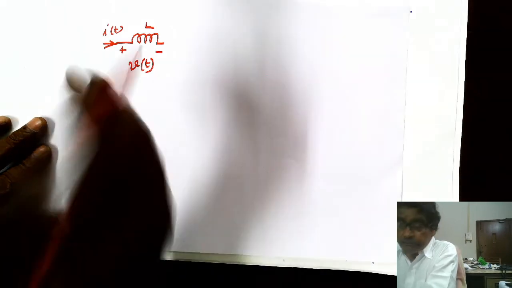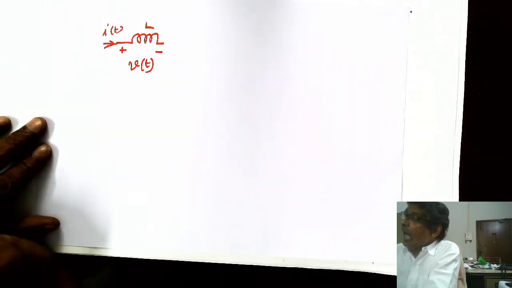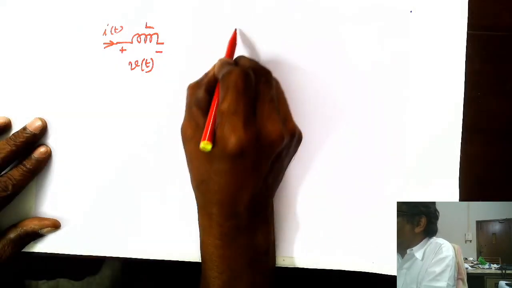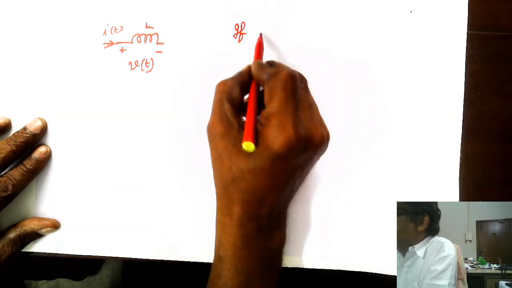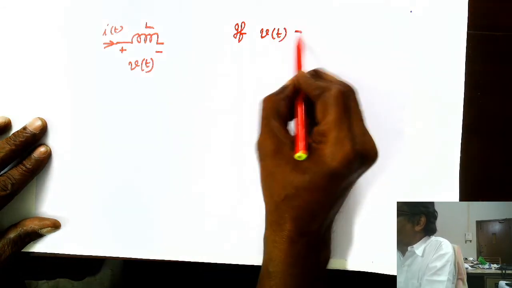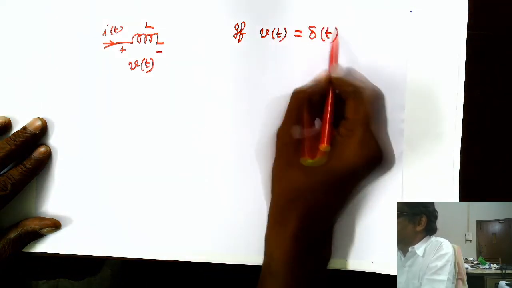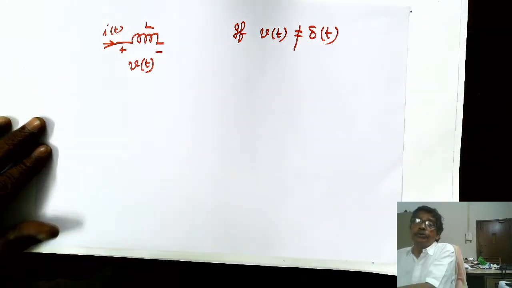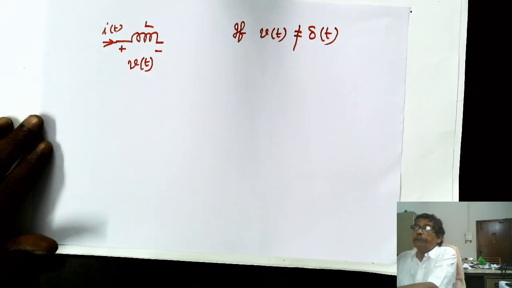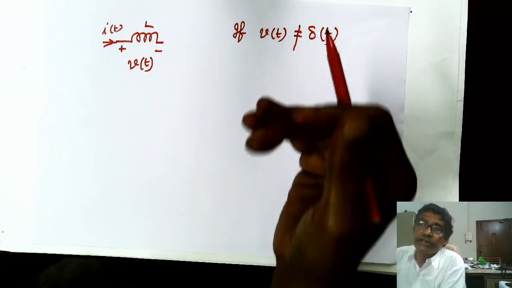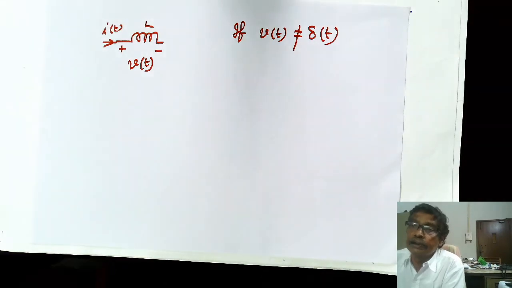So it is a memory device, and I simply write like this: if V(t), the supply voltage, is not an impulse voltage, I will exclude the imposition of an impulse voltage on a circuit where an inductor exists.